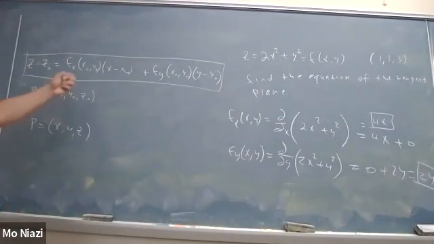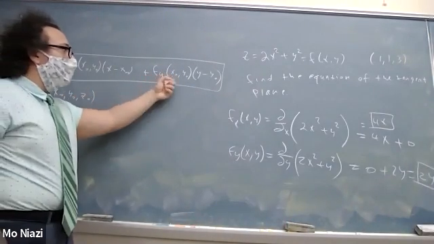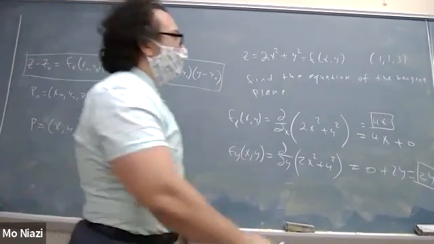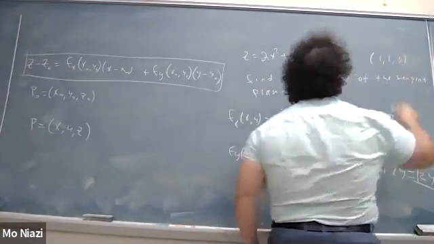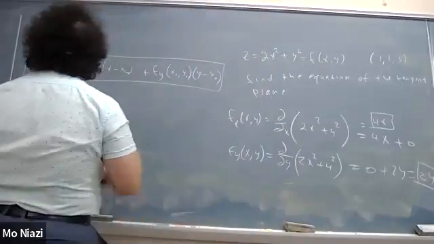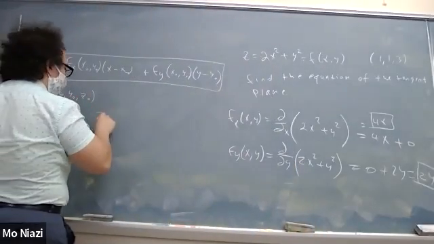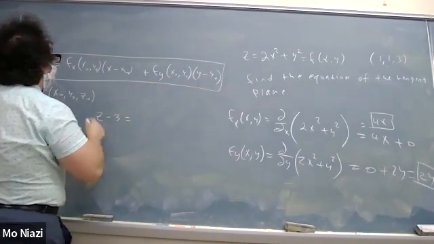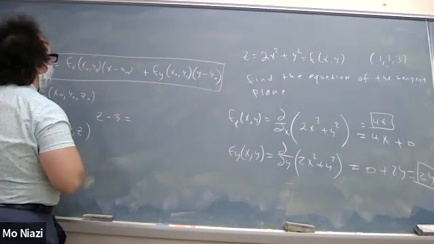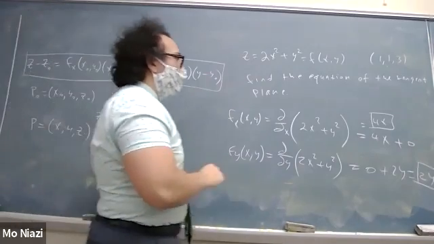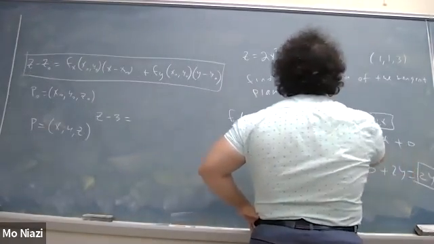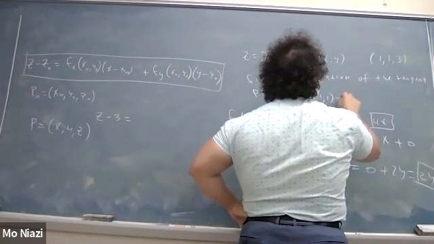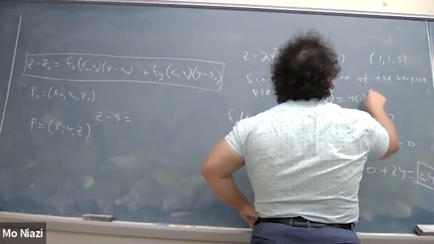So we'll be plugging that here and that here. Then we just need to know what is my x naught, y naught, z naught. Here they are. So this equation becomes z minus 3 is equal to this guy evaluated at x naught, y naught. So that means this thing evaluated at x naught, y naught is equal to 4 times a 1, which is a 4.